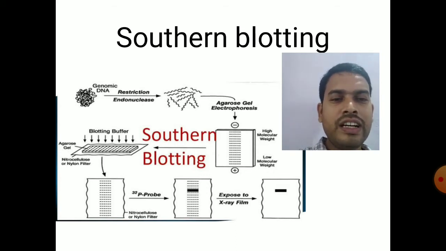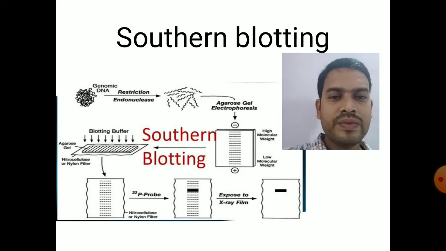In agarose gel electrophoresis, the DNA fragments are sorted based on the charge to mass ratio. The larger fragments move slower in the gel, whereas the smaller fragments move faster. So these different-sized DNA fragments, obtained after denaturation as well as restriction endonuclease treatment, are run on agarose gel electrophoresis and sorted.